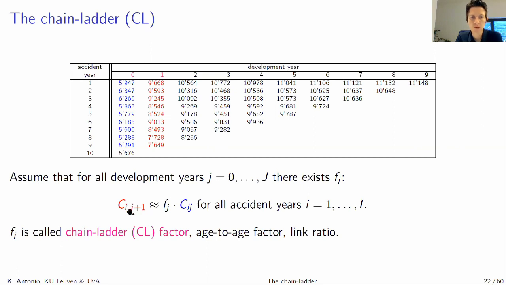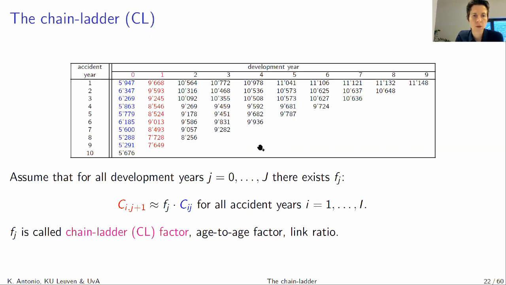I get the amount in red, C_{i,j+1}, by multiplying the amount in blue, the cumulative amount in the preceding development year, with a certain factor called the chain ladder factor. I'm going to call it F_j, also known as the H2H factor, chain ladder factor, or link ratio. If I multiply these cumulative amounts with the appropriate factors, I'll get the chain ladder predictions for my outstanding amount.